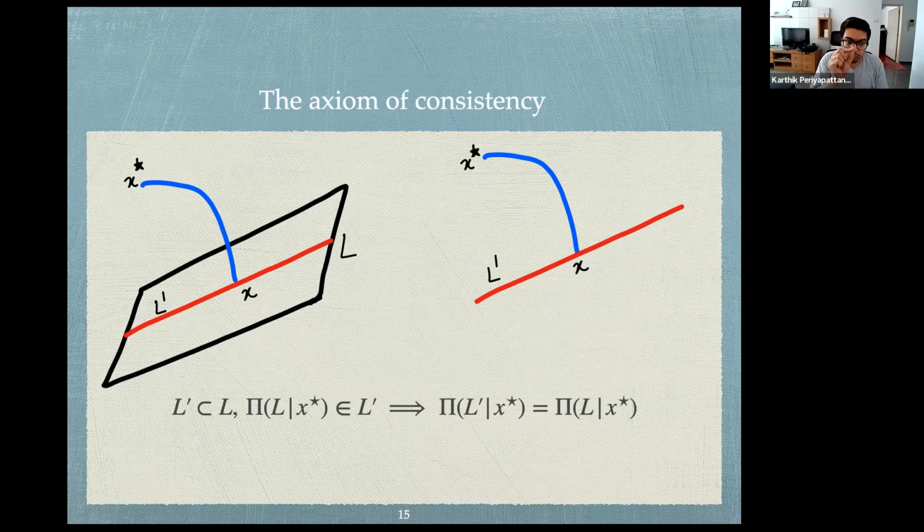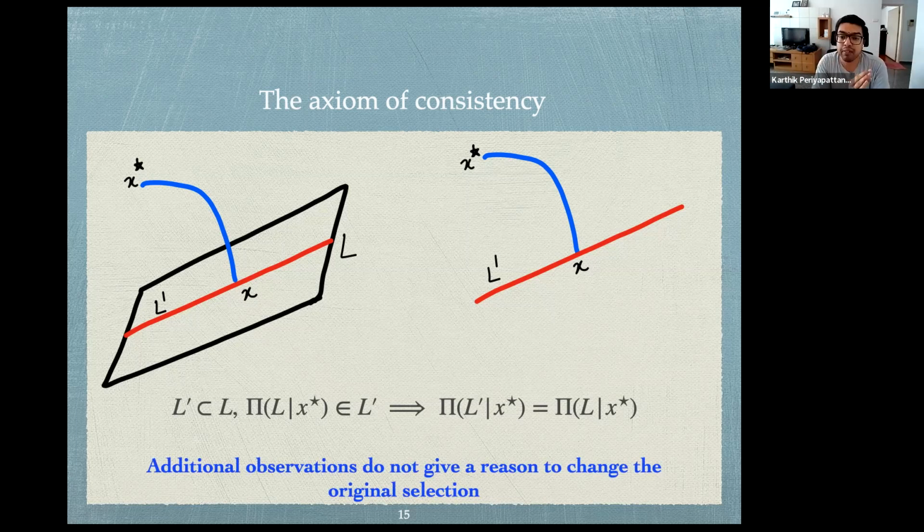In other words, the projection of X star onto L prime and the projection of X star onto L are the same in spite of the additional measurements in the set L. So additional observations don't give any reason for us to change our selection.